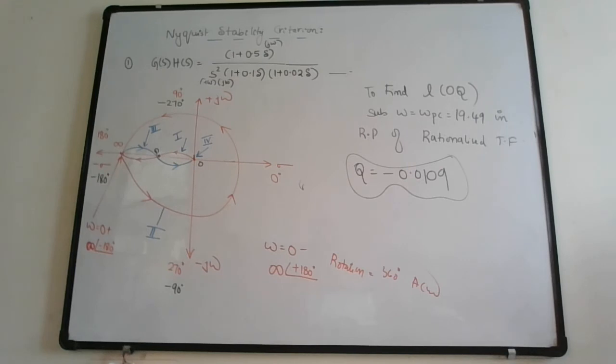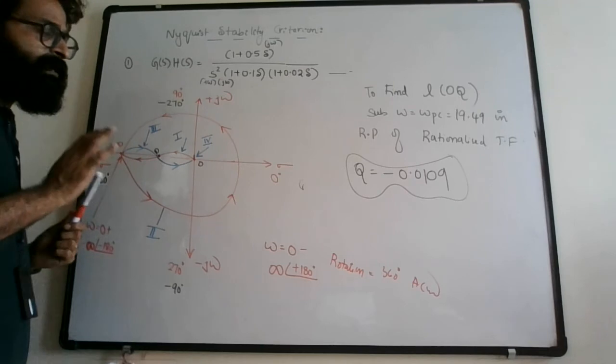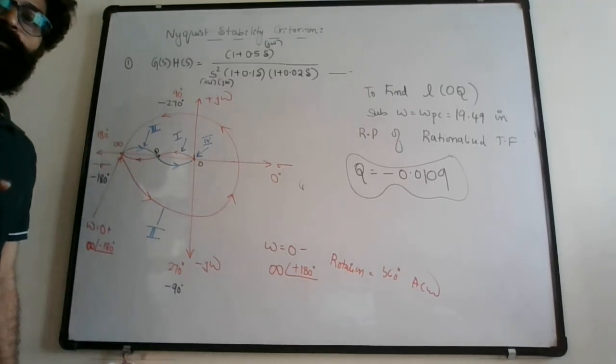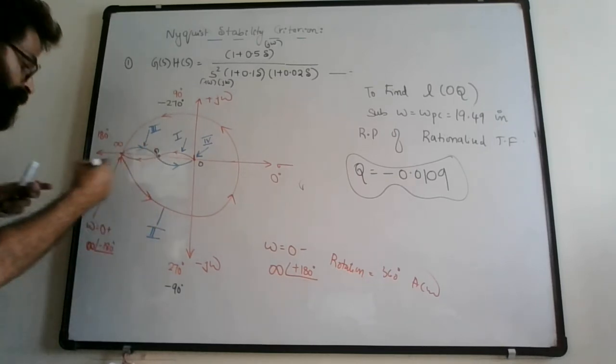Now the plot we have constructed, what we have to do is we have to check the stability. Alright, so to find the stability, what you have to do is you have to first locate the critical point. Where is the location of critical point? Critical point is located at minus 1 plus j0. So locate some critical point here.